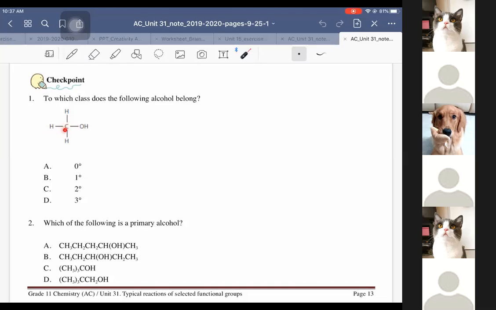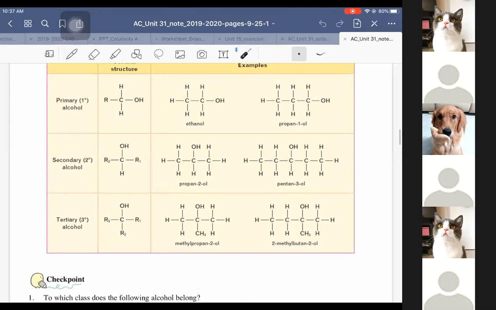Remember, we take a look at the carbon that is attached to the hydroxyl group. If this carbon is attached to one alkyl group, we say it's primary. If attached to two alkyl groups, then we say it's secondary. Three alkyl groups, then it's tertiary.